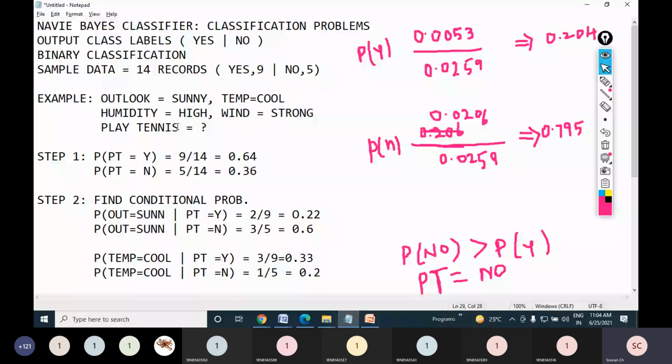You have to calculate conditional probabilities for every attribute, and those will be multiplied, and then normalize the probabilities. Finally, after normalization, compare which class has more probability. Probability of yes is 0.2, probability of no is 0.79.